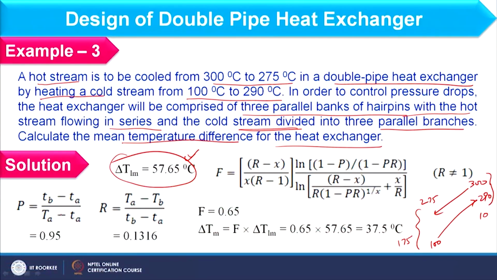So, P value is the thermal effectiveness of an exchanger and R is basically the division of heat capacities of two fluids, right. This we have already discussed in basic design parameters lectures, so you can refer that. So, here if I am considering P, that should be TB minus TA divided by TA minus small ta.